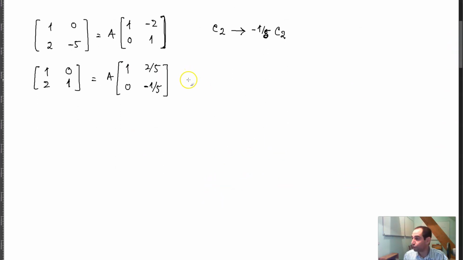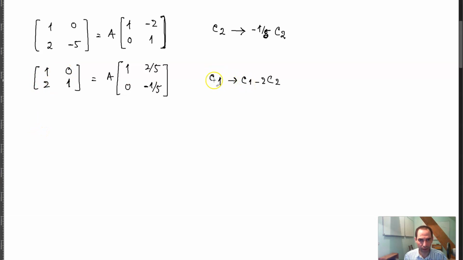And then what I can do is apply C1 gives C1 minus 2 times C2. So over here right now I have my 1 over here, my 1 over here. That's what I want. This 0 is also what I want. This 2 has to change.